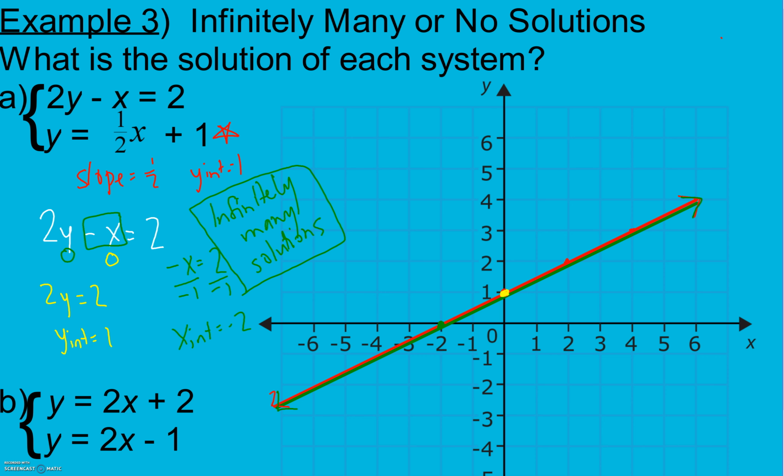Okay, now for B, I start at 2 for my y-intercept, and I go with my slope of 2, up 2 over 1, up 2 over 1. And again, we're just graphing those the same way we did in chapter 5.